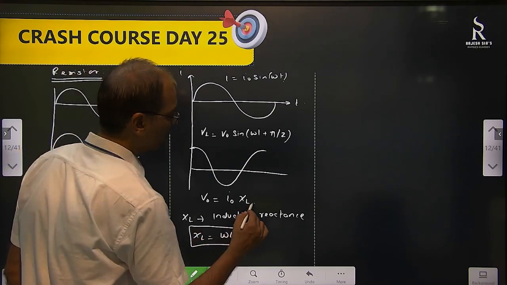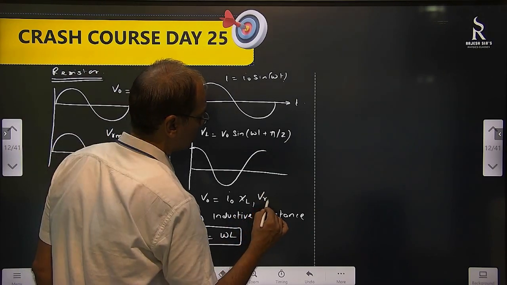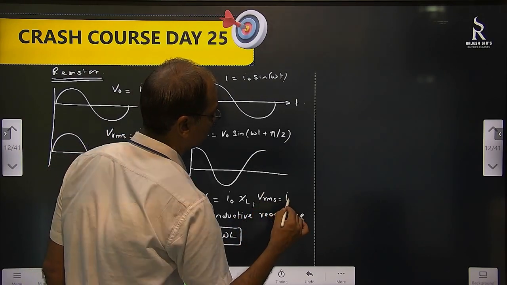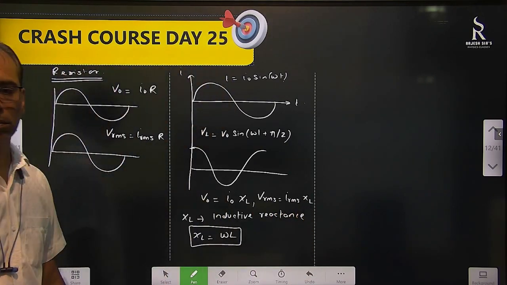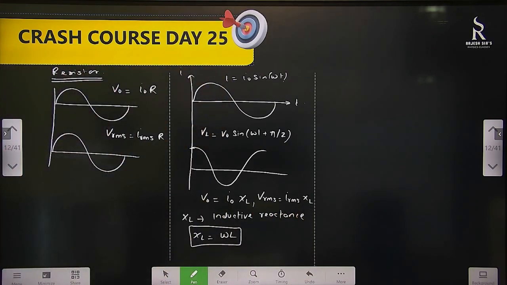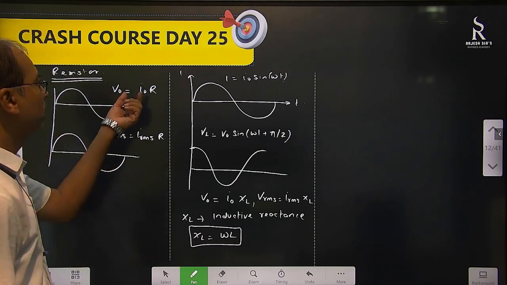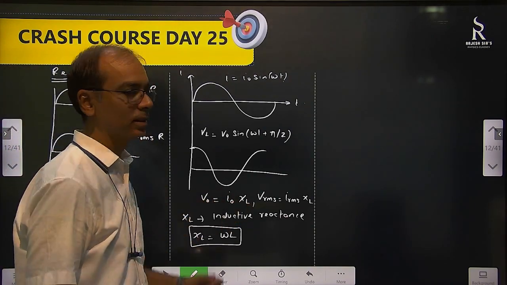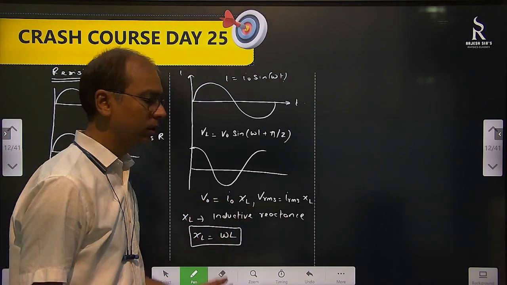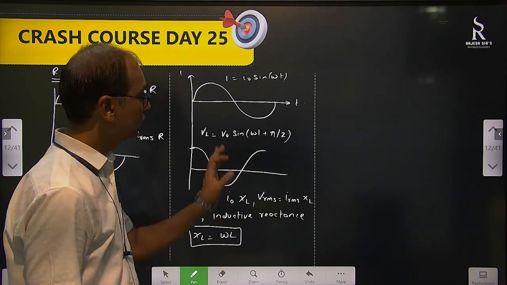In the same way, VRMS will be IRMS into XL. V naught was I naught into XL. Earlier we wrote it in terms of R, so there is no problem in this one. But here this is XL and its value is omega L. So it means resistance.